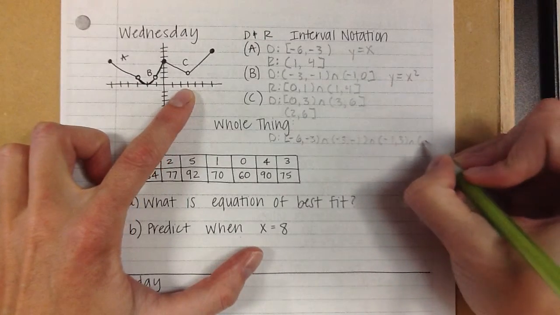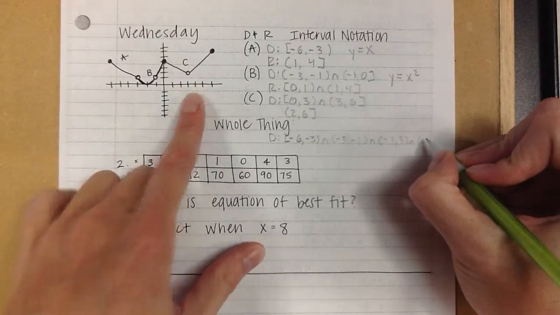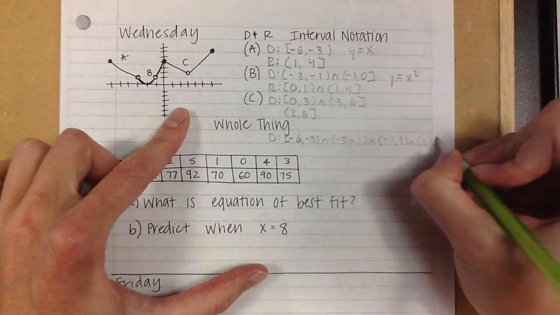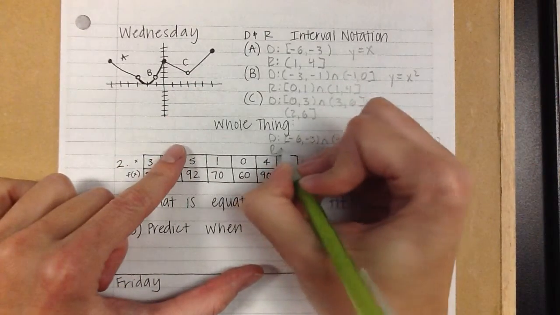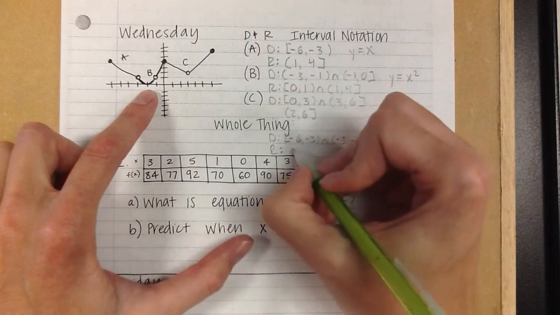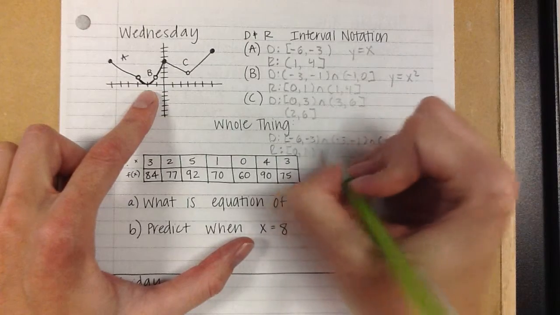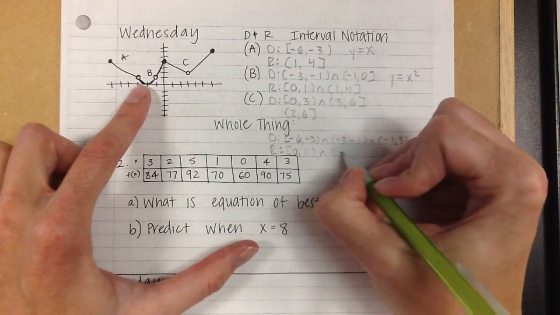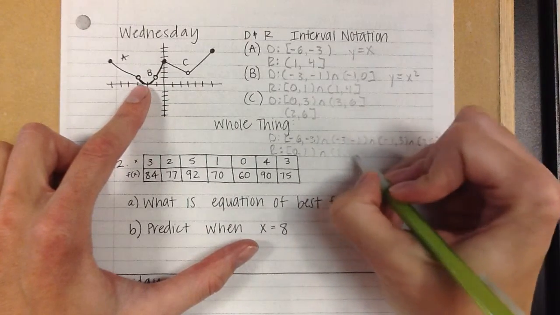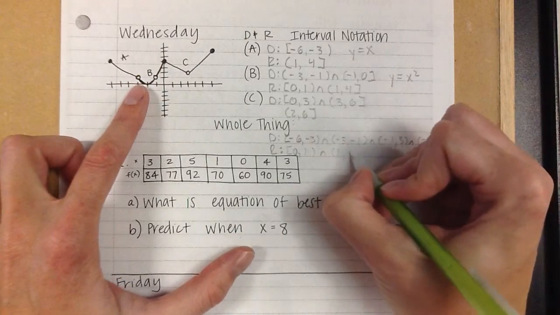And then 3 to 6. And then your range, we're going from 0 to 1. And then 1 to 6.